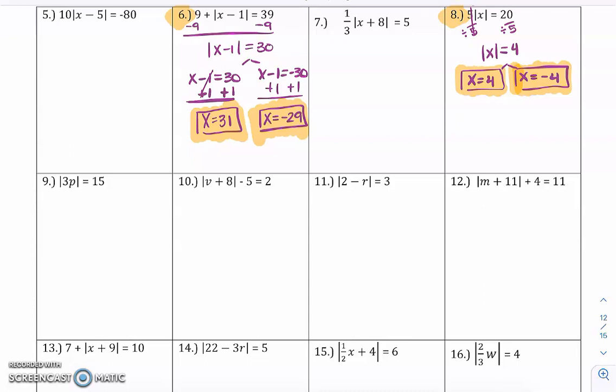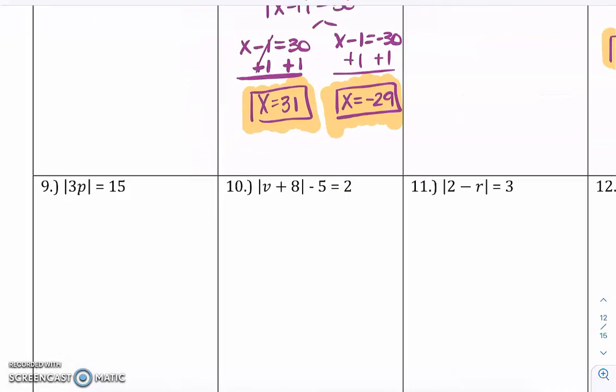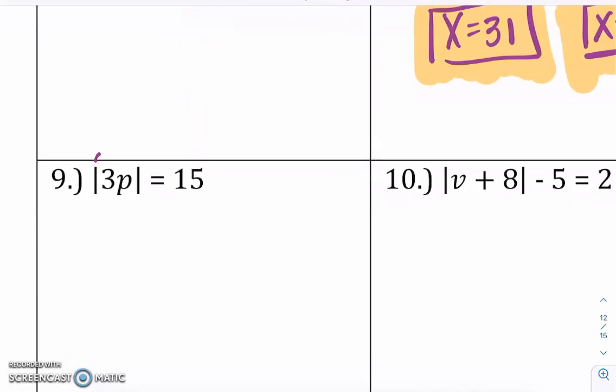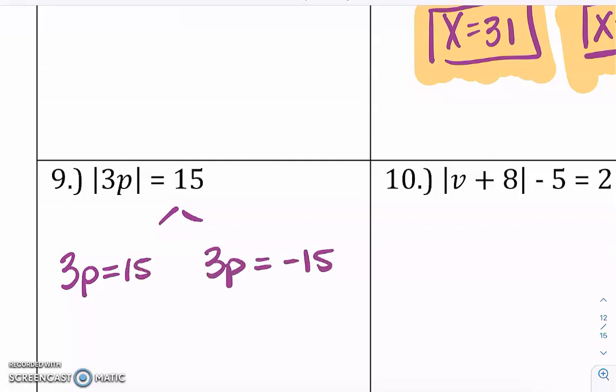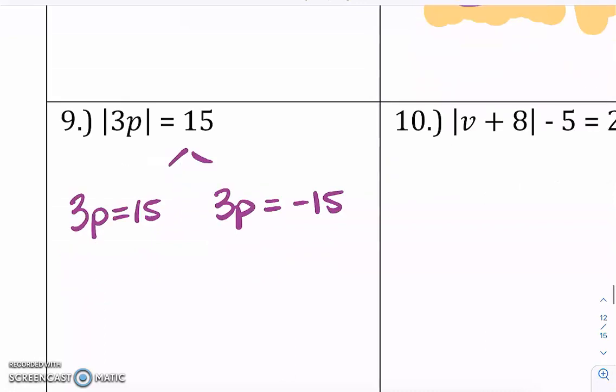Okay, how about number 9? The absolute value of 3p equals 15. Absolute value is the only thing over there, so you can split it right away. So 3p would be 15 or negative 15. So we split it into our two equations.